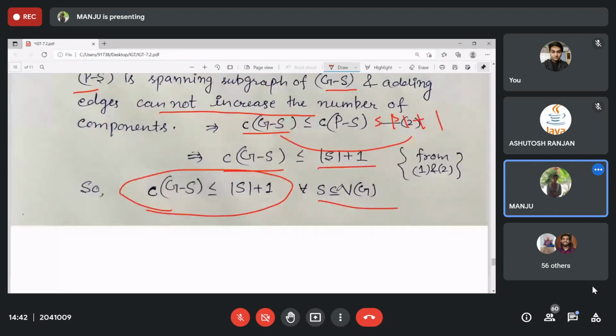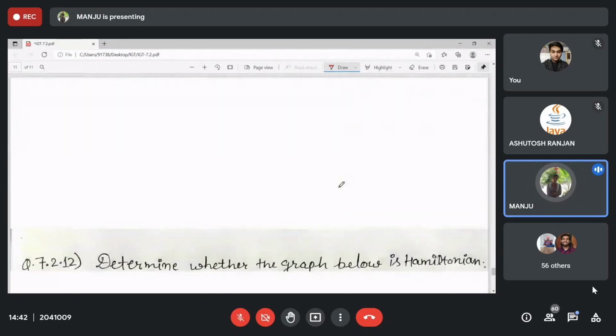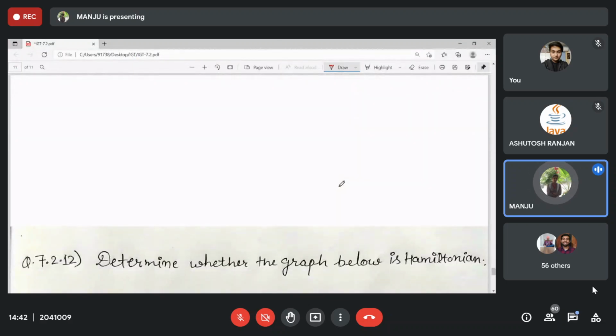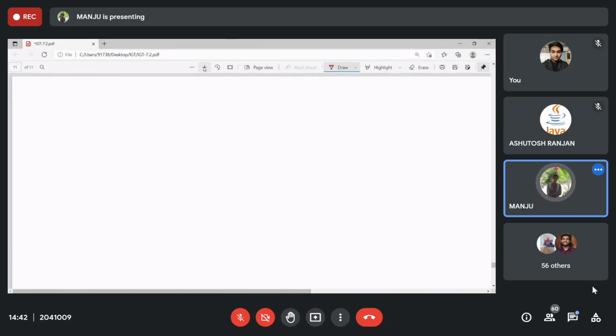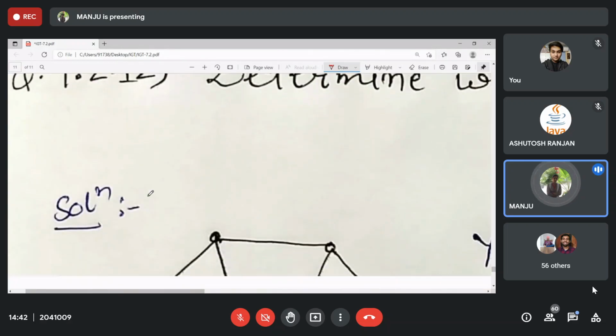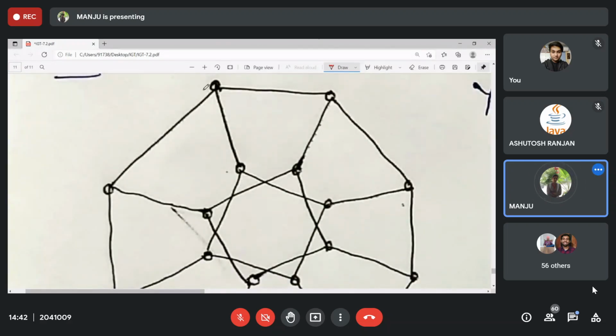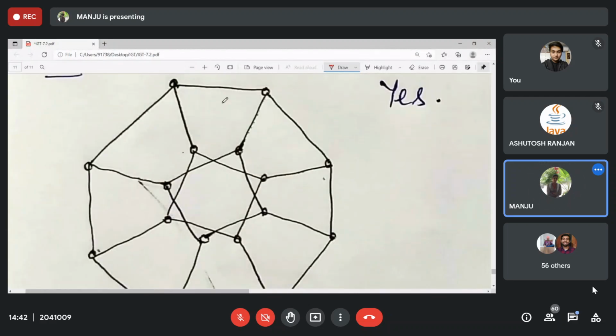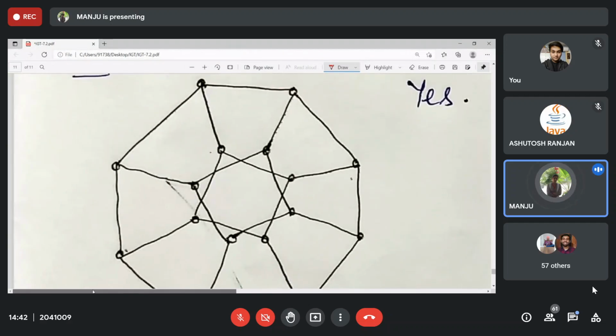Okay. And the last question for the day is this one. Determine whether this graph is Hamiltonian or not. Is it visible?